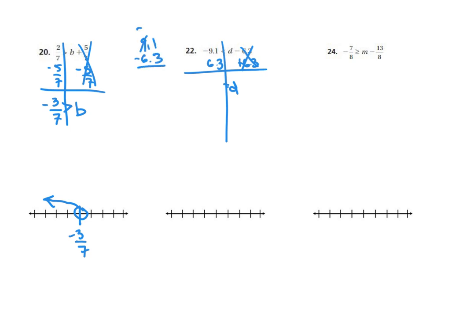Let's subtract. 2.8. And the negative was bigger, and it is not equal. We'll graph that. -2.8, and D is greater than -2.8, so arrow going to the right.